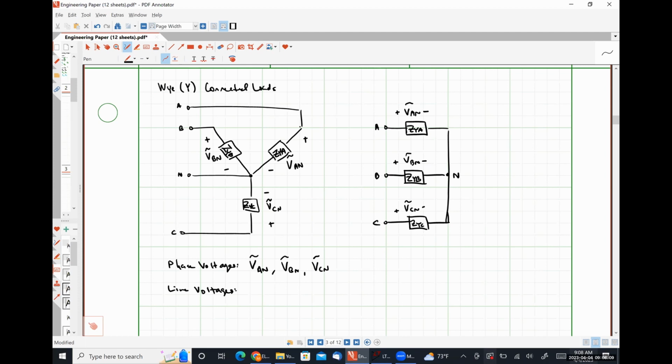What about my line voltages? Yep. A to B, B to C, C to A. Again, nothing more than measuring the voltage drops between the transmission line terminals.